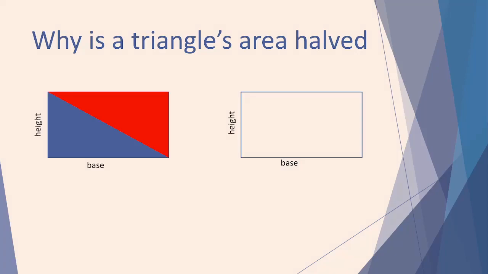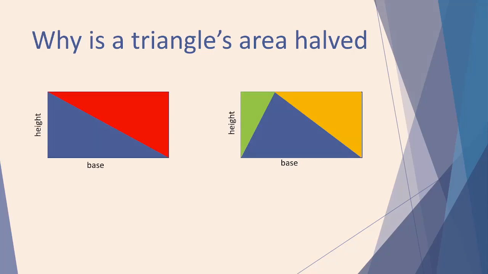But let's see if that's the same with a triangle that's not just from corner to corner of that rectangle. So here I'll draw another triangle. And I've just picked a random spot along the top. Now we've got the base and we've got the height, and we've got to remember that those things have to be at 90 degrees to each other. So I have this other triangle over here and a second triangle there.